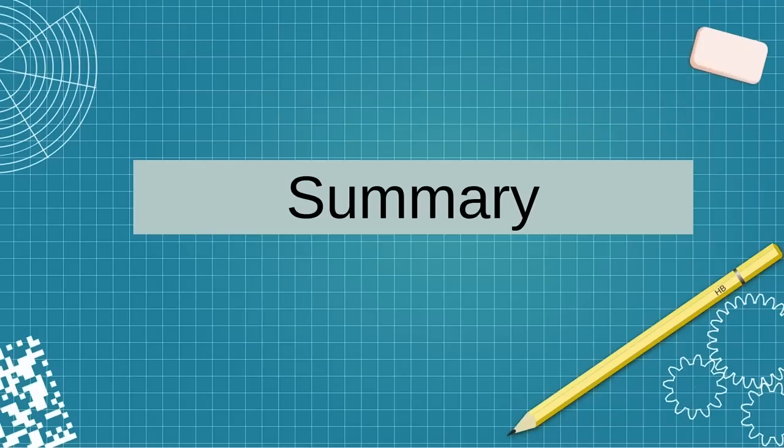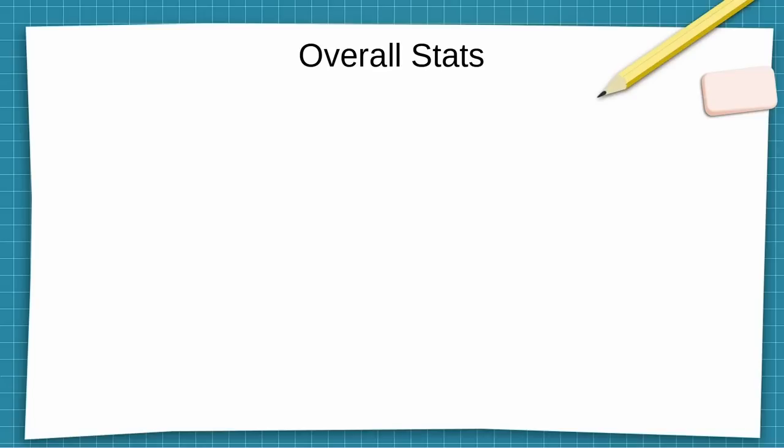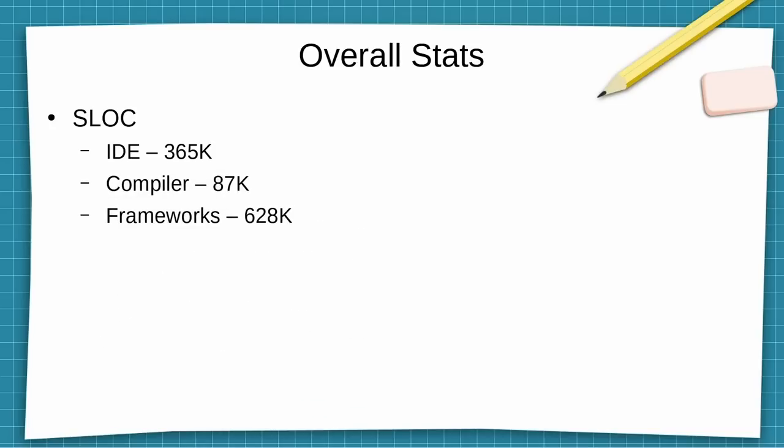So to summarize these three pieces, we've got source lines of code for the IDE at about 365,000, the compiler at about 87,000, and the frameworks at about 628,000. When I was digging through all the files to scan things and come up with numbers, I found it quite funny that it came to about 1 million, which was a rough guess we all had internally, although we'd never really done the count.